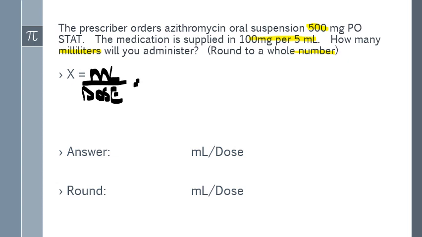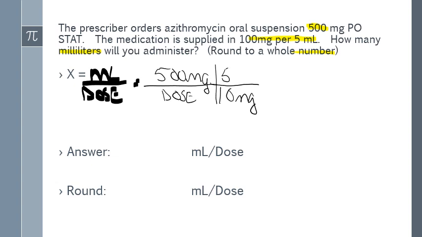Okay. And we have in the order 500 milligrams, and that's going to be the dose. And we know it's supplied in 10 milligrams per 5 ml. So 10 milligrams has to go on the bottom and 5 milliliters on top so that we can have our setup correctly.